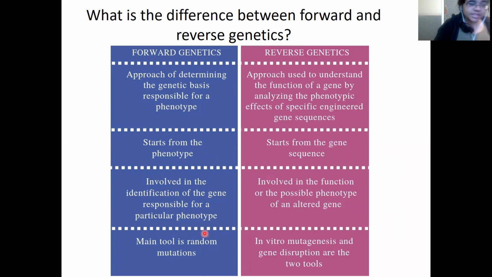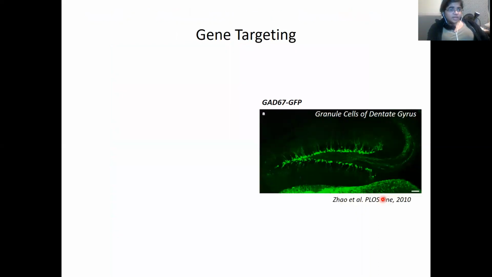So essentially with forward genetics, you start with random mutations, whereas you would do mutations in reverse genetics that disrupt that gene itself, to see how it functions or what phenotypes they get, to understand how this gene actually works. I hope that makes sense.